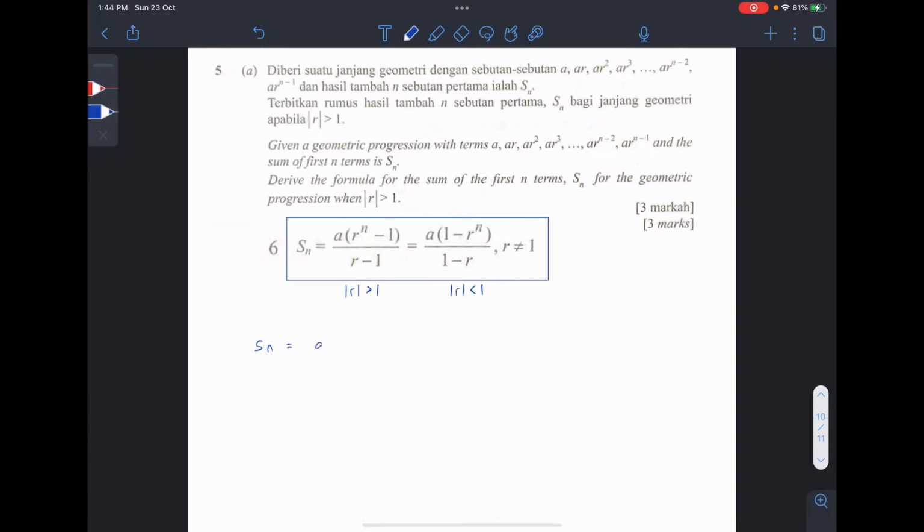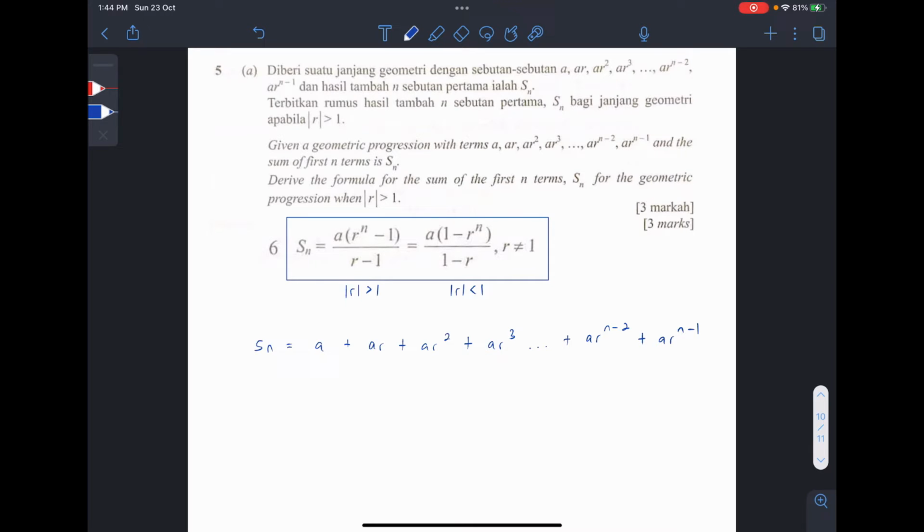So we're going to take all the terms and add them up. So ar squared plus ar cubed, dot dot dot, plus ar^(n-2) plus ar^(n-1).